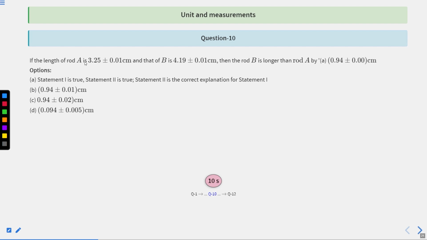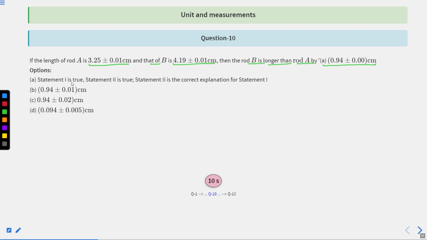Now, 10th question. If the length of road A is this, and that of B is this, then road B is longer than road A by centimeter. Options are given.